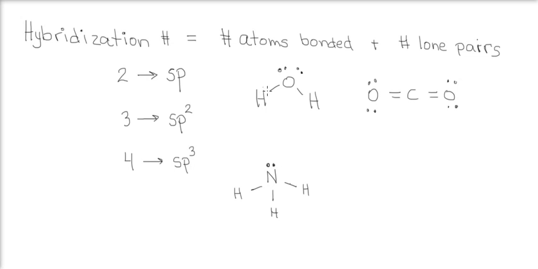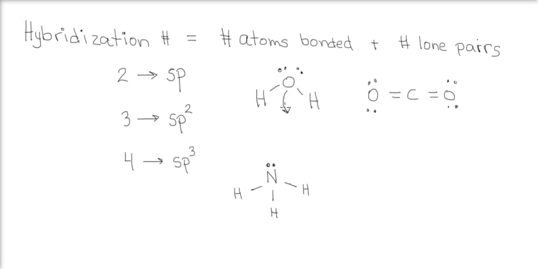If we determine the hybridization number for these molecules, hydrogens only use s orbitals, so hydrogens never become hybridized. We're mostly going to focus on the elements oxygen, carbon, nitrogen, and the halogens.